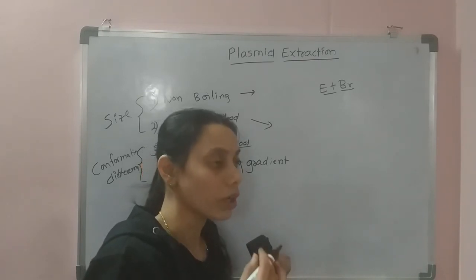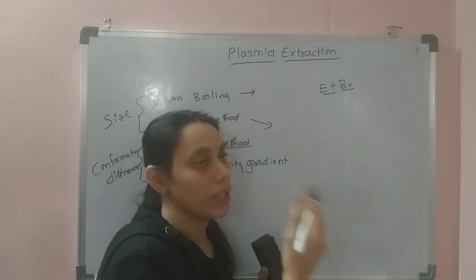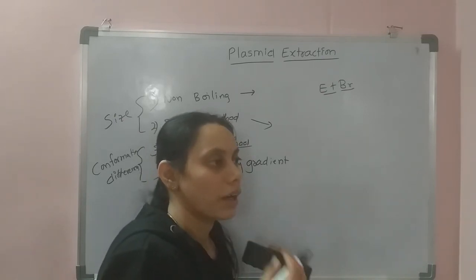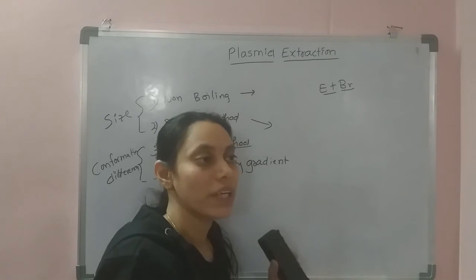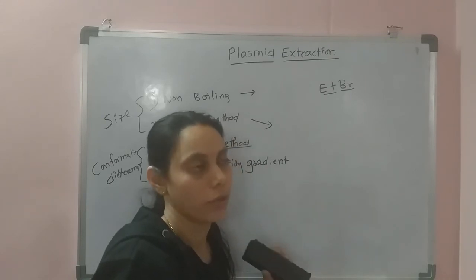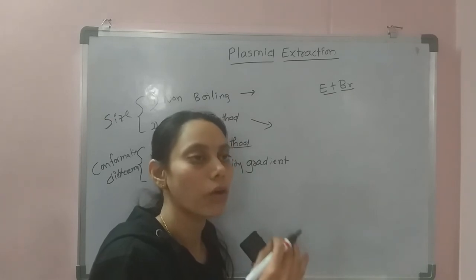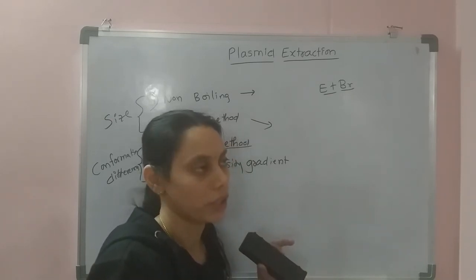So, if you treat with excess EtBr in the lysis buffer, then the genomic DNA will be easily denatured, but the plasmid DNA will not allow the EtBr to incorporate in it.